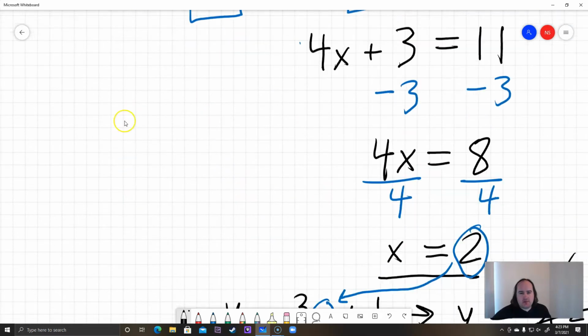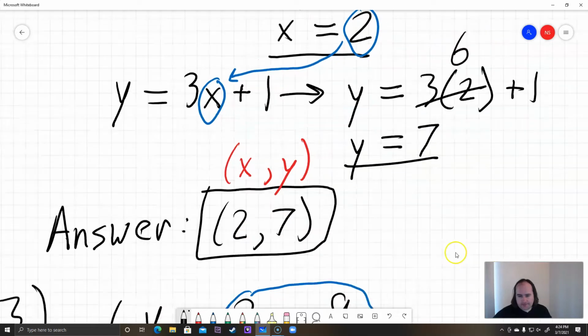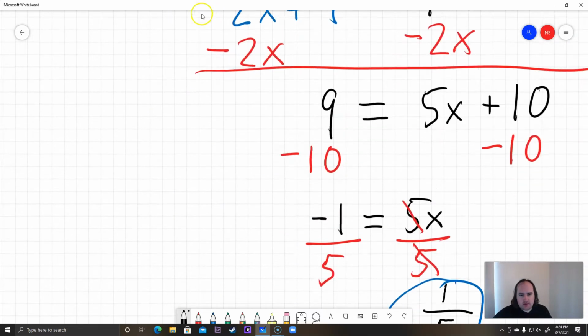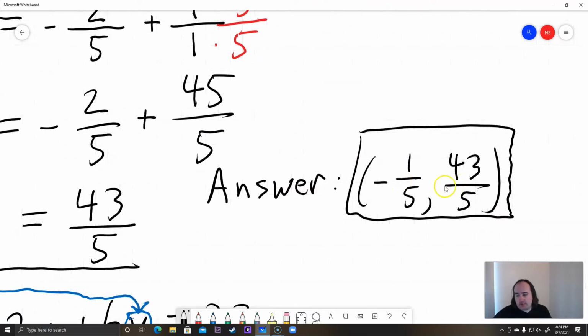And then for example number 2, we also had a point, 2 comma 7. That's considered one solution because it's one point. And then for example number 3, we had a single point, negative 1/5, comma 43 over 5. So for the first 3 examples, that's considered one solution for each of those.